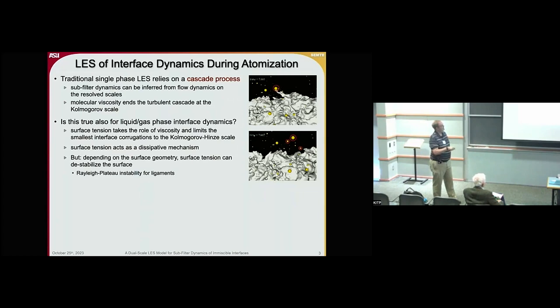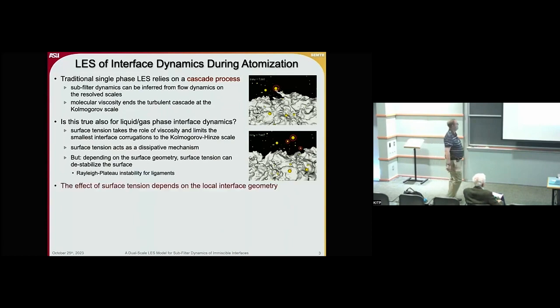Surface tension can destabilize the surface through the Rayleigh-Plateau mechanism, or it can stabilize it if you have a more flat surface or you already have drops or bubbles generated. So my point is that the effect of surface tension depends on the local interface geometry.